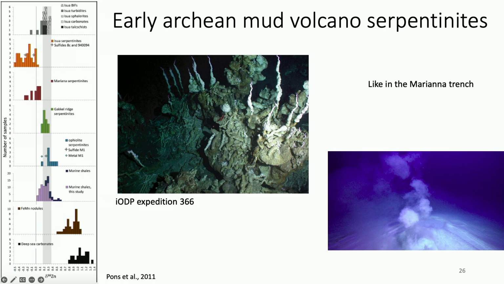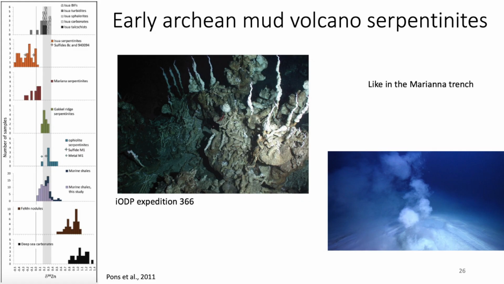Then you have the signature of a mid-oceanic ridge, of ophiolite, of some marine shells, pebble nodules, and here the deep sea carbonates. What's really interesting is that these Isua serpentinites have a signature very closely related to the Mariana serpentinites, and there's really no other way to interpret it.